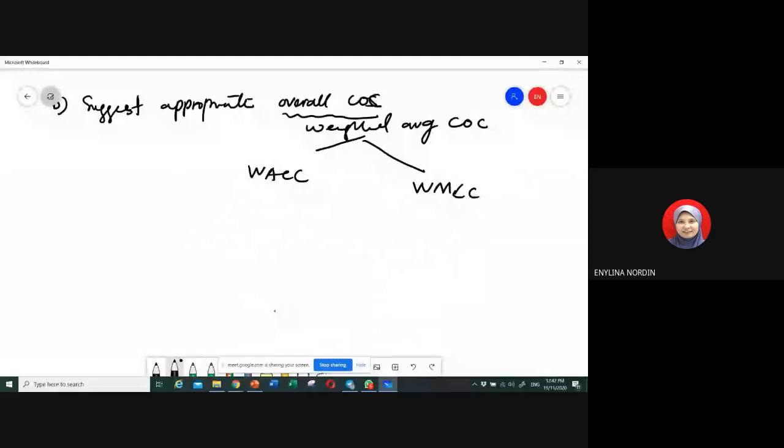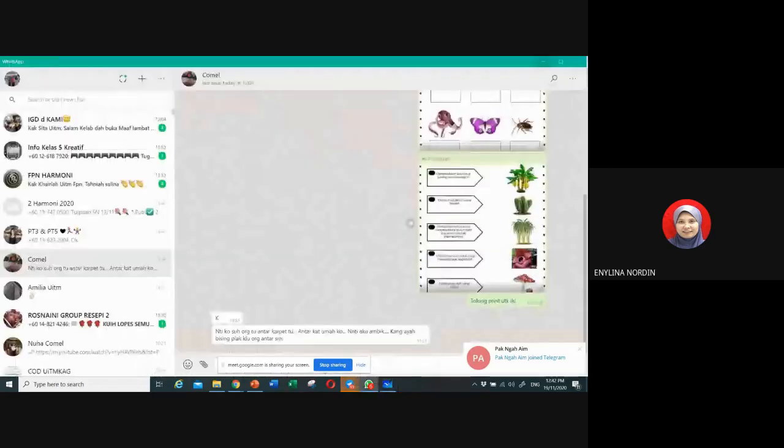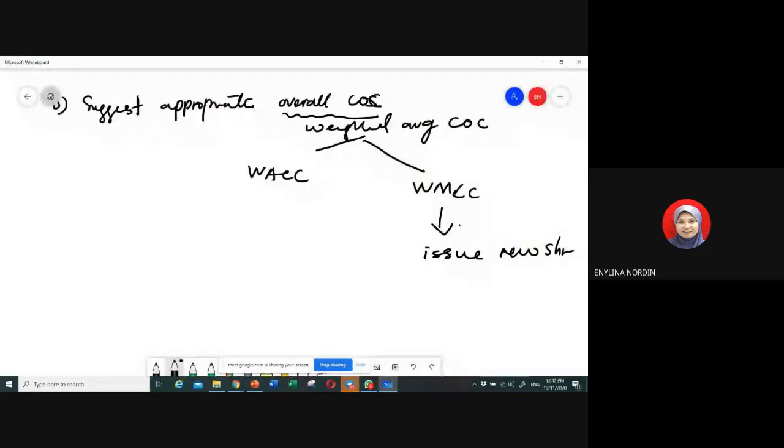So when are we going to use the WMCC? When do you use it? When you issue new shares. When you rely on the internal or available equity, that includes retained earnings and also ordinary shares.